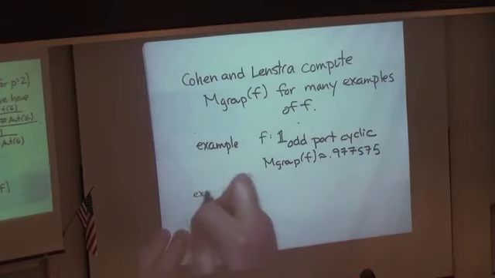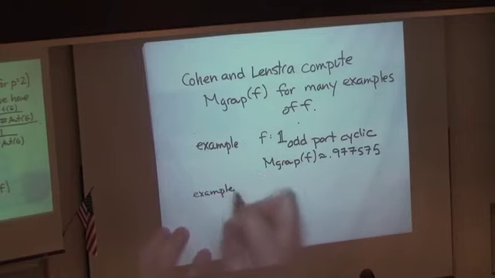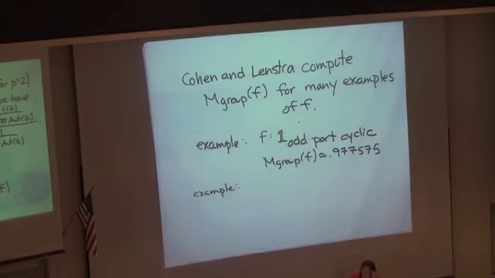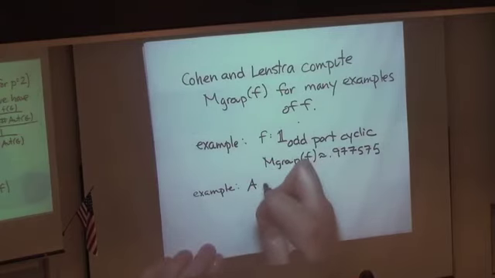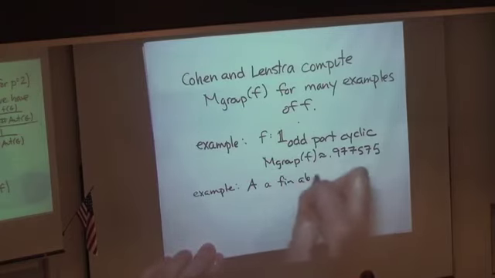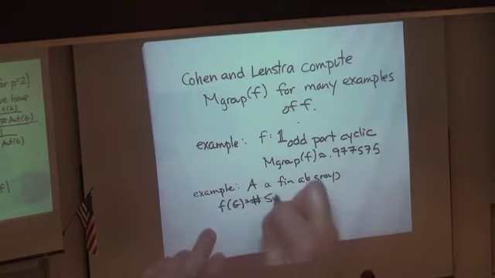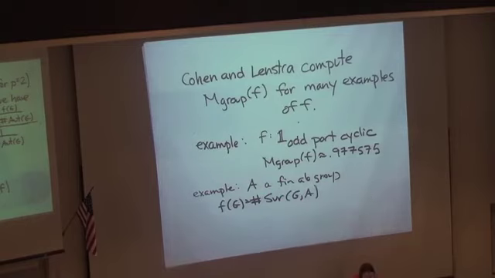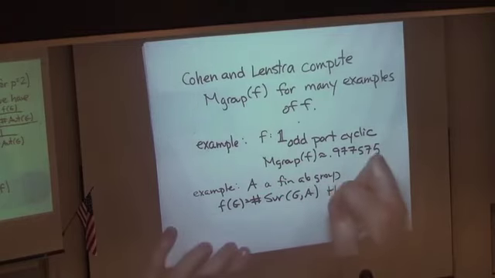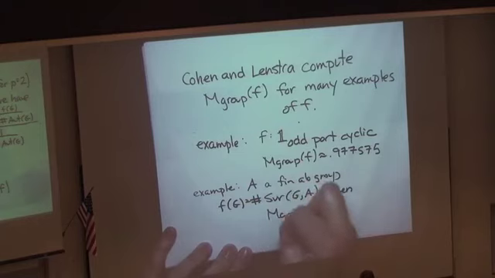So another example, which Cohen and Lenstra compute implicitly, though they don't really highlight, but will play an important role, I think, in some of our talks, is that if A is a finite abelian group and f is the number of surjections from G to A, so that was an example we had before, then M group of f is 1.